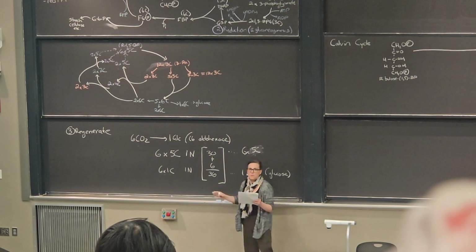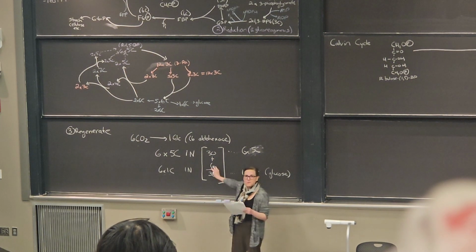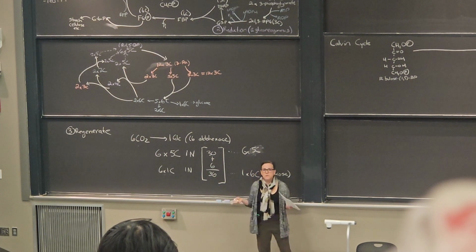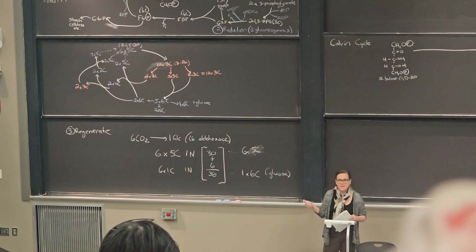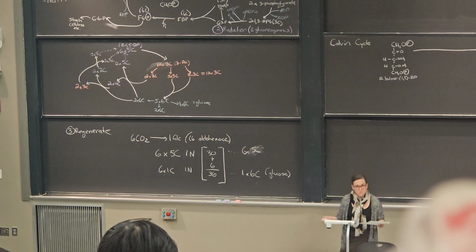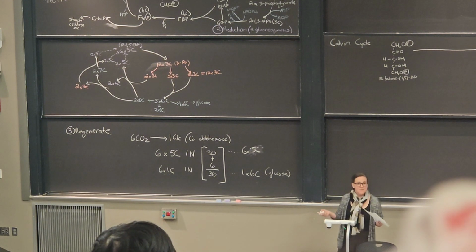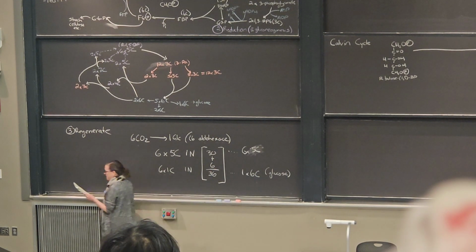Now the thing that I want to really emphasize right now is that there are actual rules to this process. Why are there rules to this process? It's because this process is catalyzed by enzymes. And so anything that's catalyzed by enzymes has to follow the rules of the reactions that those enzymes catalyze. And so the rules for this reaction are as follows.